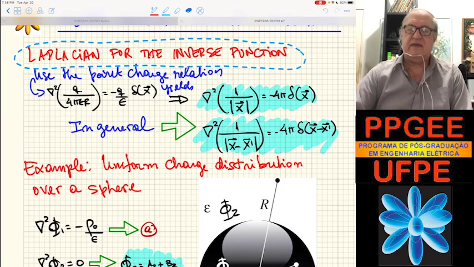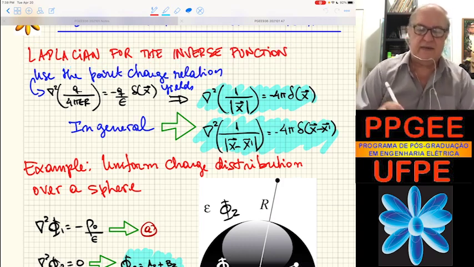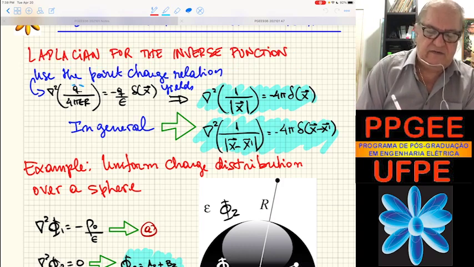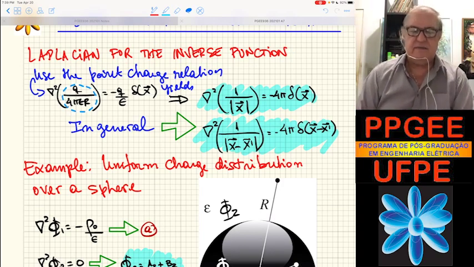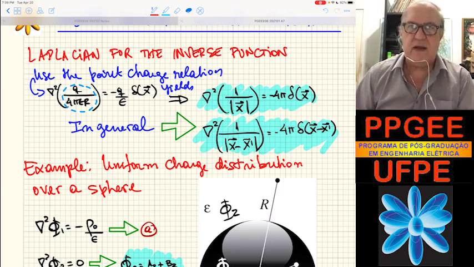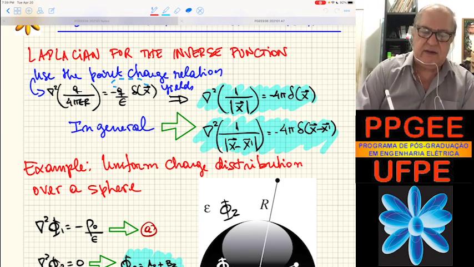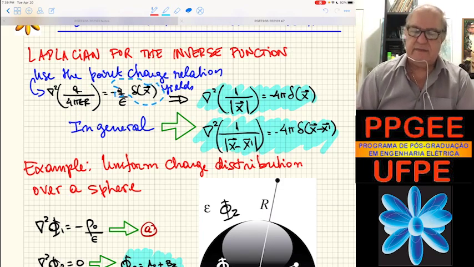What is the Laplacian of the inverse function? Just look at the result that we got. If we have the Laplacian of q over 4 pi epsilon r, there's a Poisson's equation for the charge density equal to q delta.